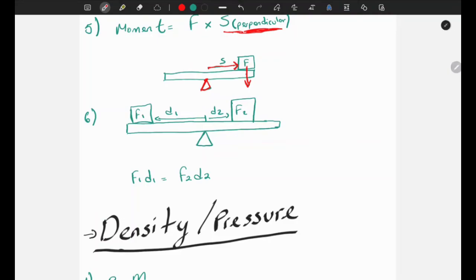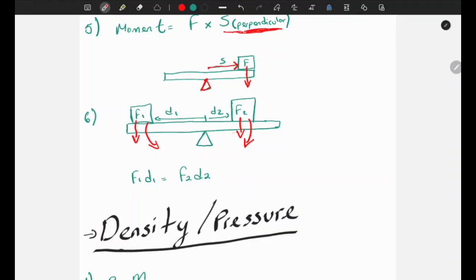Now this one is another formula for moments. In this formula, we know that the clockwise moment is equal to the anti-clockwise moment. F1 acts downwards and F2 also acts downwards. So the moment on this side is going to be the distance d2 times F2.